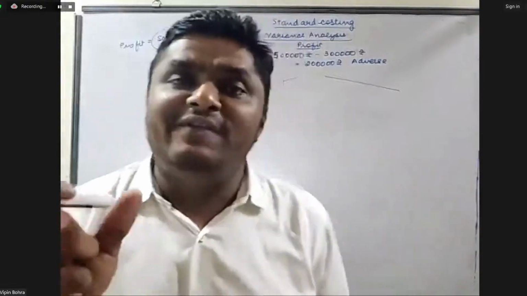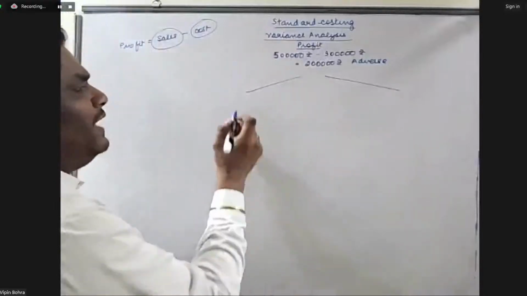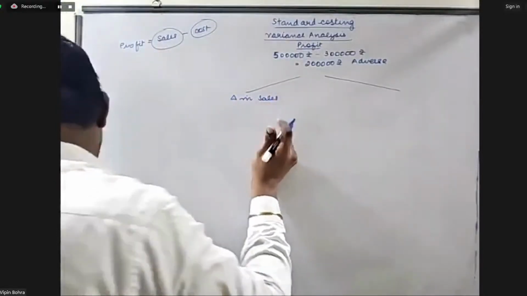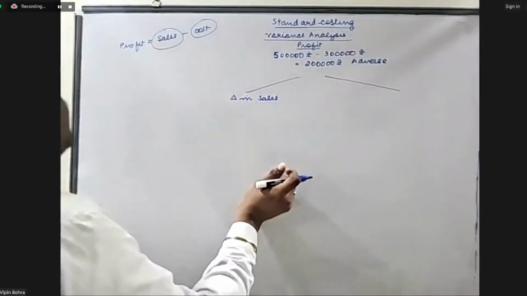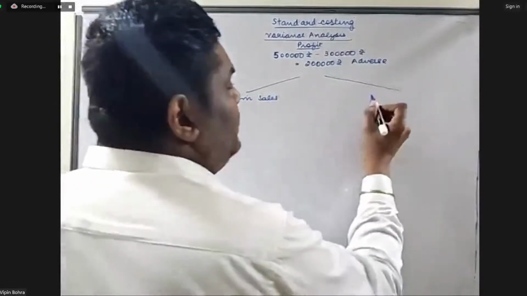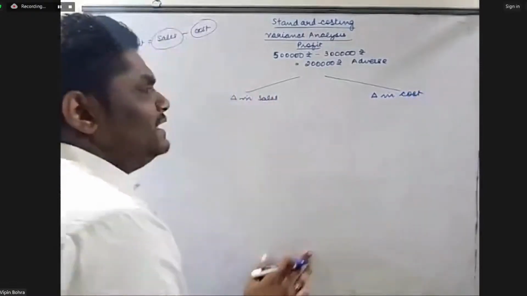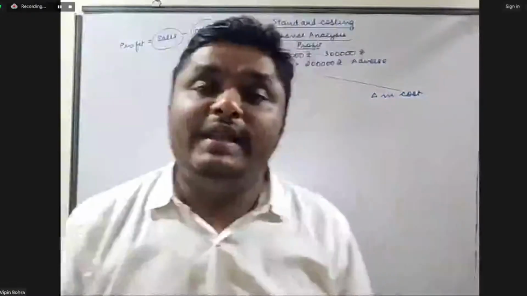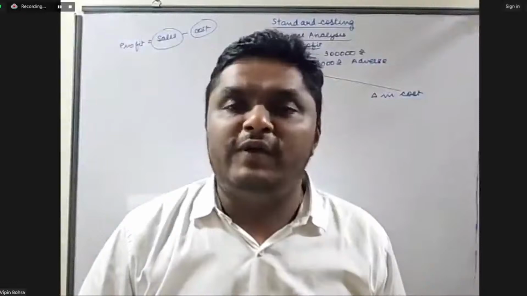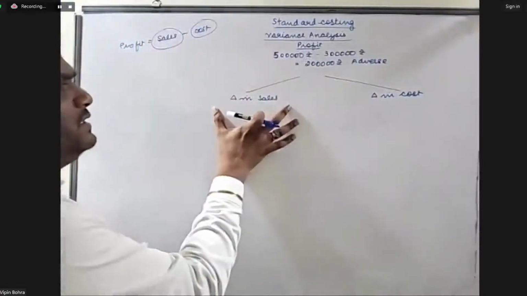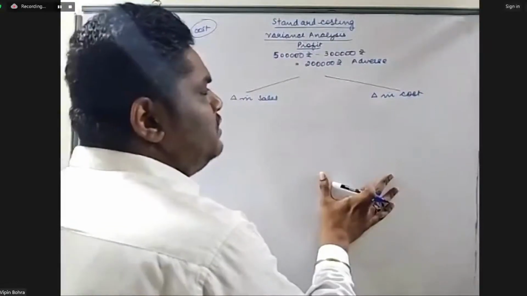So this loss of 2 lakh can be either due to change in sales or due to change in cost. These are the two major factors responsible for this loss of profit of rupees 2 lakh.